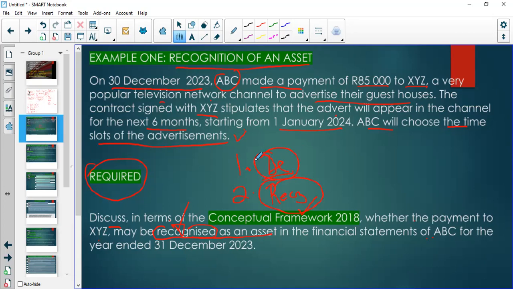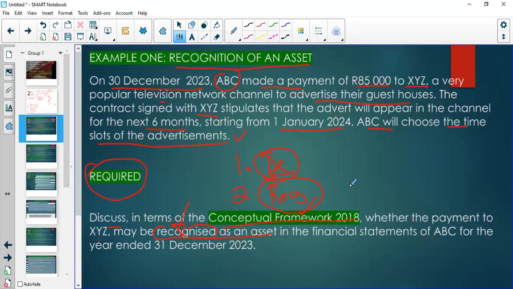And so at third level, you need to know the technical definition, as stipulated in the conceptual framework. The actual words used, not what you think, not what would make sense, but the actual wording used. So you need to know the technical definition of each element, such as an asset or a liability.